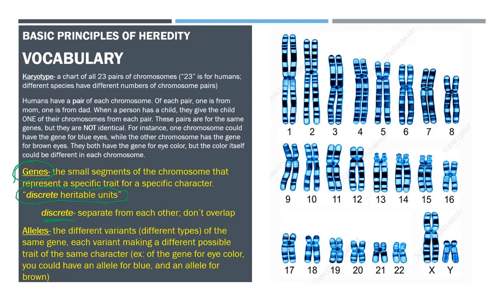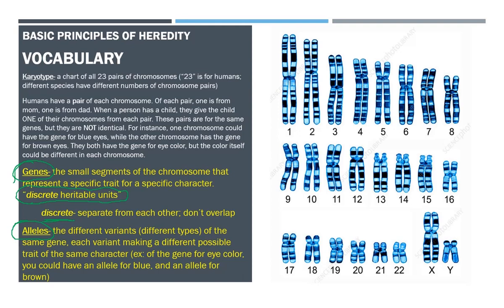They don't overlap. They're completely individuals. And then alleles are the different variants of that gene. So the gene would be for eye color, and the allele would specify blue eyes or brown eyes.